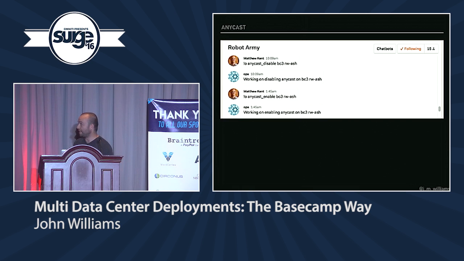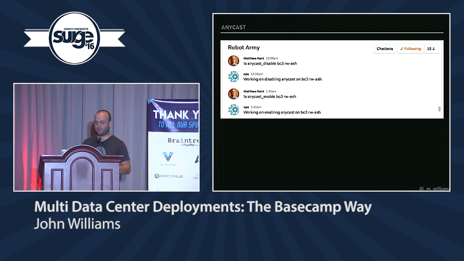We also have integrated Anycast into ChatOps. I'm really sorry this is small. I'm not sure why it's so small over there. So we can disable Anycast in any of our data centers, so we can stop routing to those data centers just with a ChatOps command.